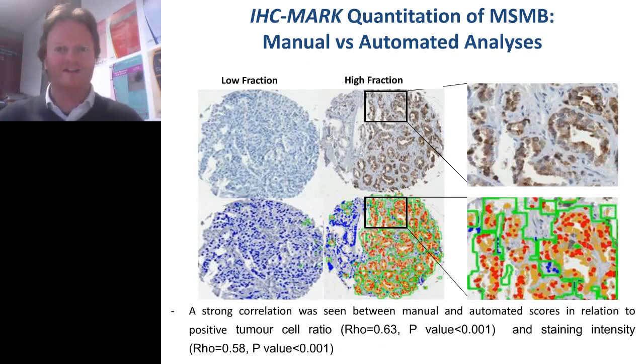So we've used this approach, for example, to look at the expression of MSMB in over 3,000 prostate cancer samples, and again we can see the normal manual analysis image, and then our markup digital image that's been analyzed by the IHC-MARK algorithm, and this again allows us to track what the levels of expression are like.